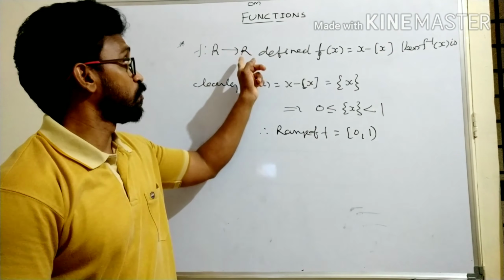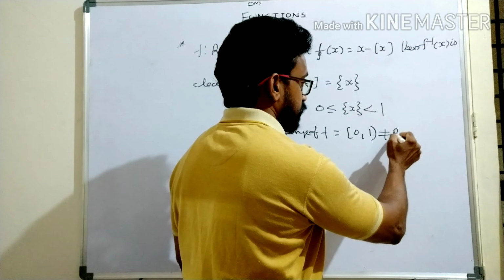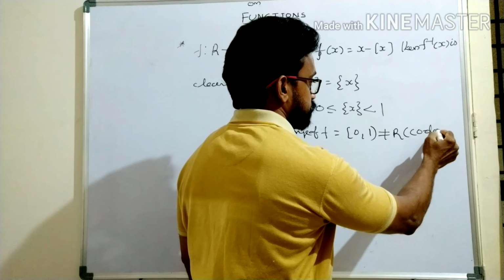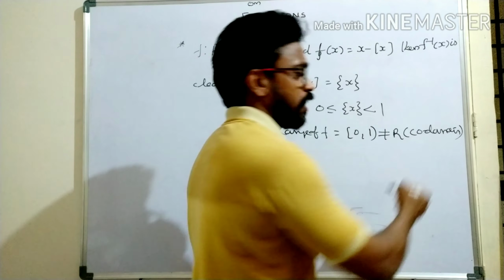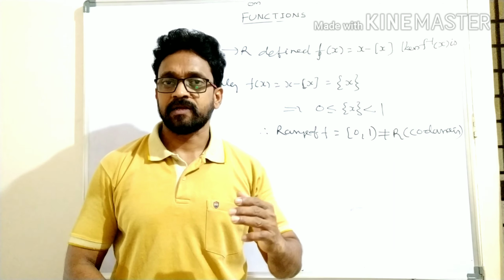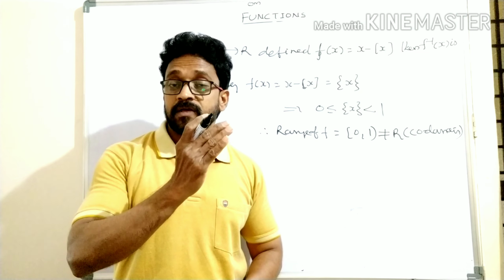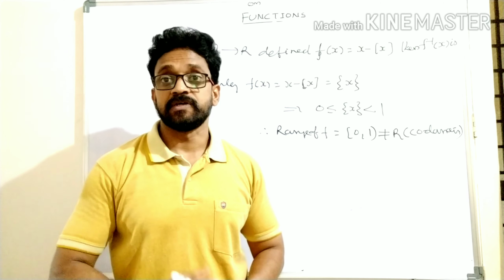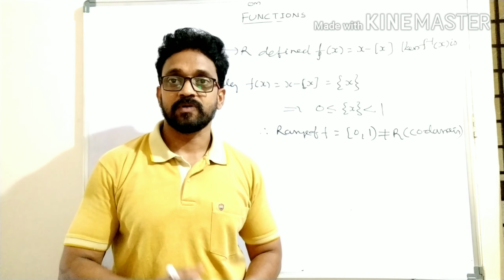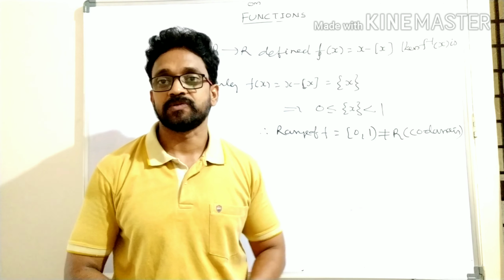Very clear, our codomain is R. That's why the range is not equal to the codomain R. What is the condition for onto? I already explained in previous videos: the range of the function is equal to the codomain of the given function, then f is onto.